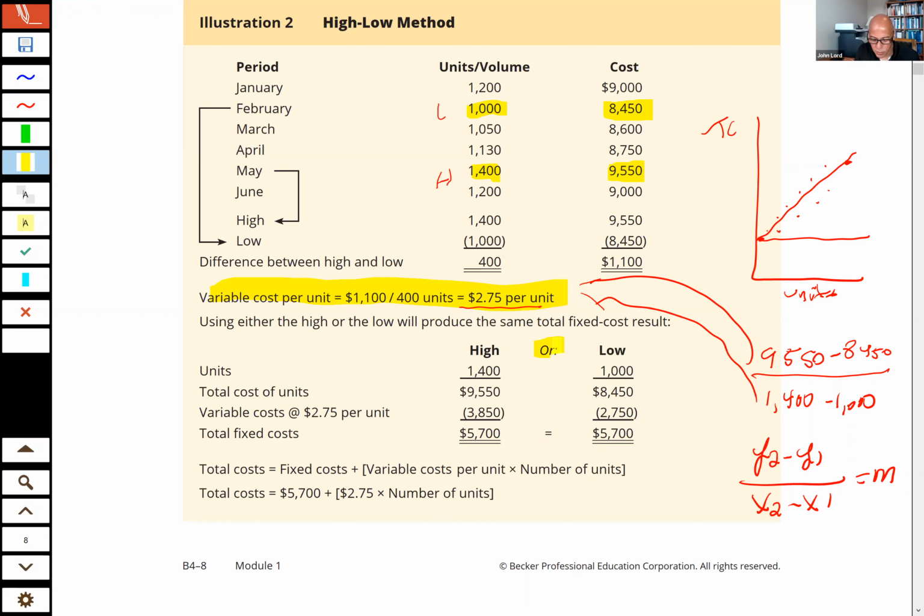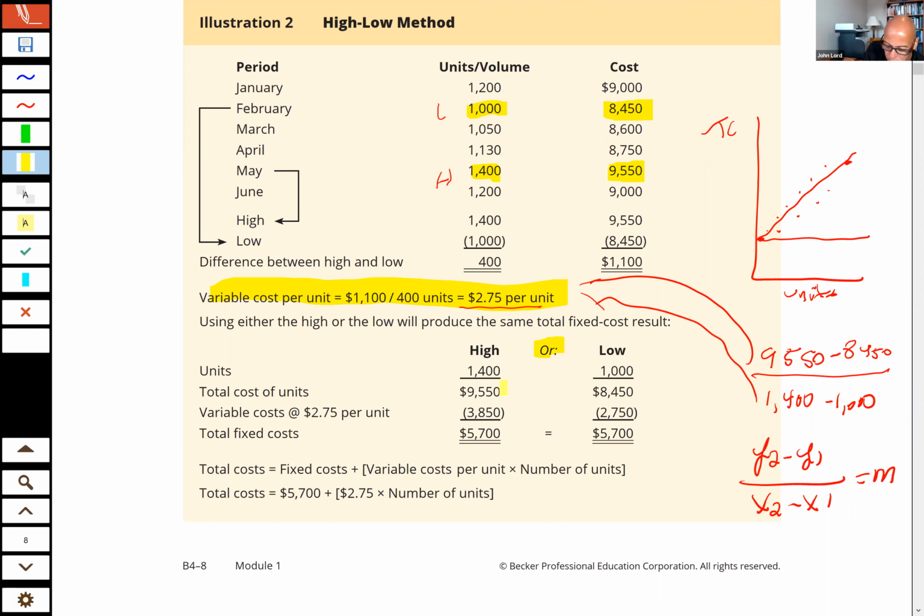You don't have to pick one or the other, but you must use one of those two observation points. If you use the other observation points, remember, they're probably not on that line, so you can't use one of the others. You've got to use either the high or the low. I'm going to use the high.